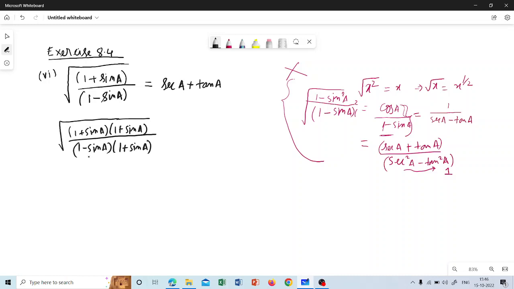Now we know from the formula a square minus b square is equal to (a plus b) into (a minus b). Using this result, I can write the denominator as 1 minus sine square A, and the numerator is (1 plus sine A) whole square, all under the square root.